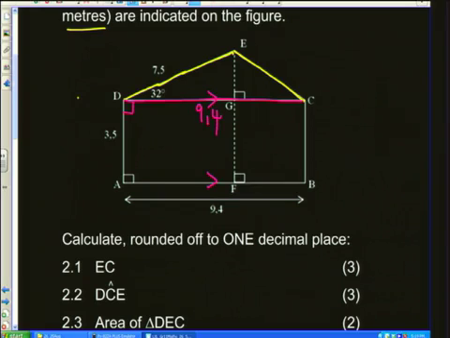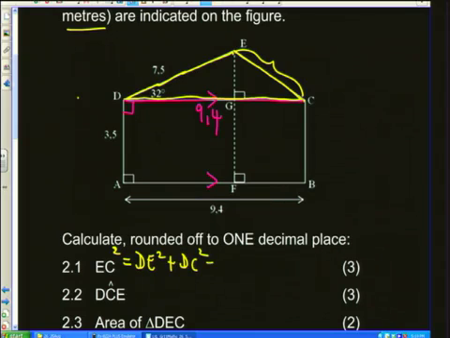Now, in this triangle, which I'm going to outline in yellow, we've got side, angle, side, and so we can calculate EC by using the cos rule. EC squared is equal to DE squared plus DC squared minus 2 times DE times DC times the cos of angle D. We're now going to substitute.